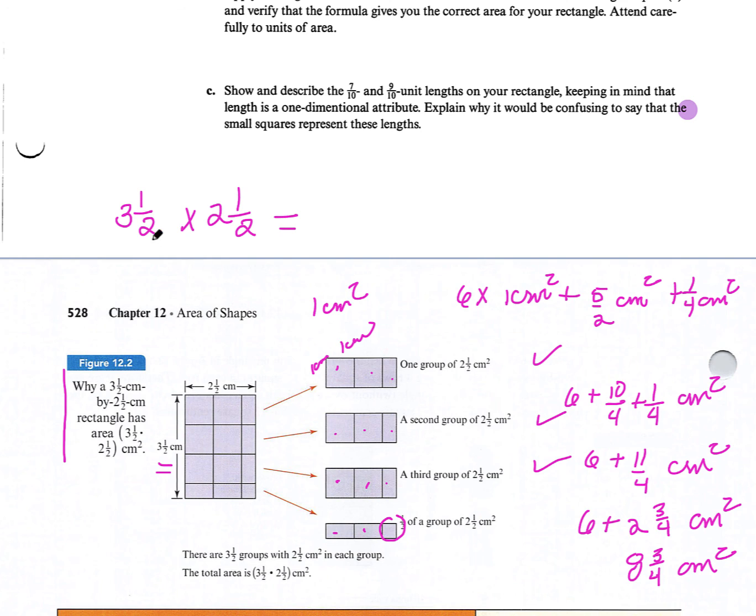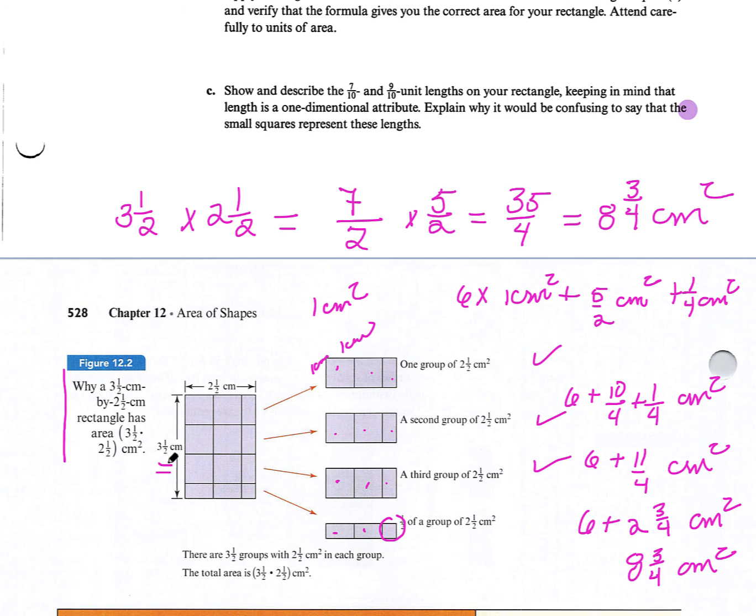So I'm going to change these to improper fractions. 3 times 2 plus 1 is 7 halves times 5 halves. So we're going to end up with 35/4, which is equal to 8 3/4 square centimeters.